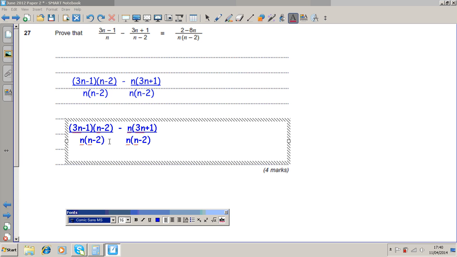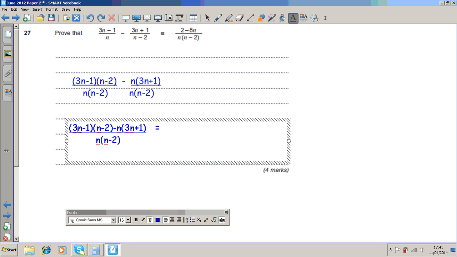Now, if the denominators are the same, then we can just add or subtract the top ones together. So actually, that becomes that. Like so.